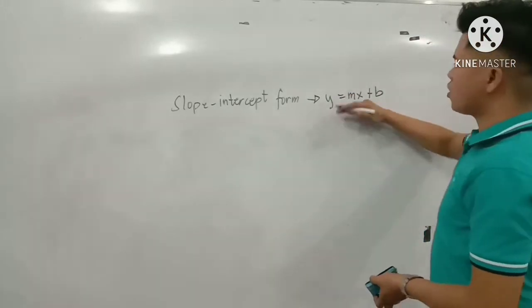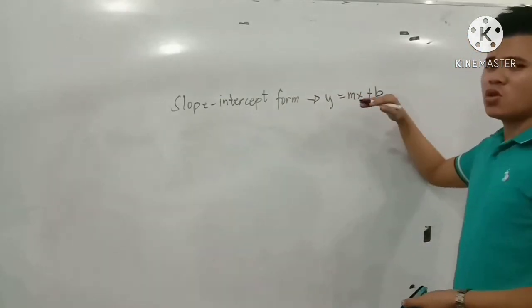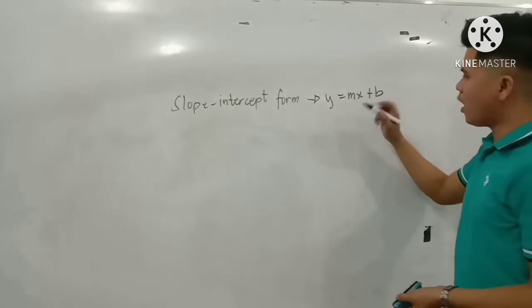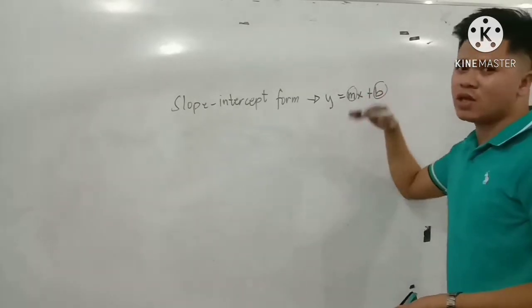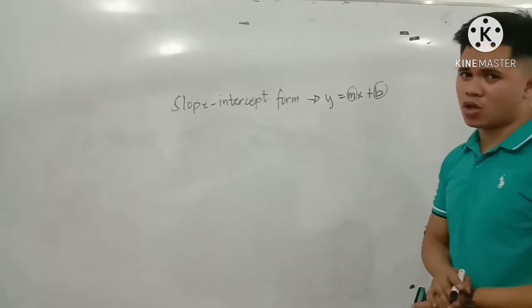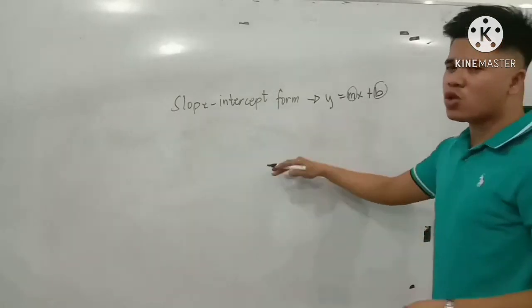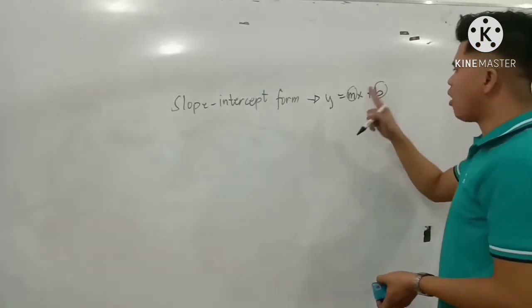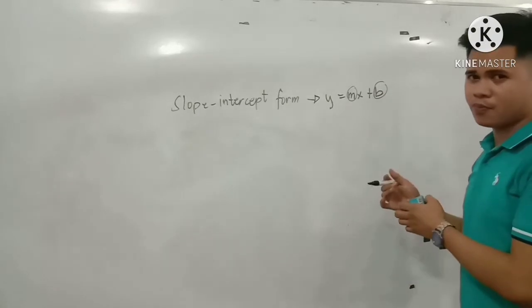This is the equation of this form. This equation is used to identify the slope and the y-intercept of the given linear equation, or vice versa. You can identify the linear equation if the given are the slope and the y-intercept.